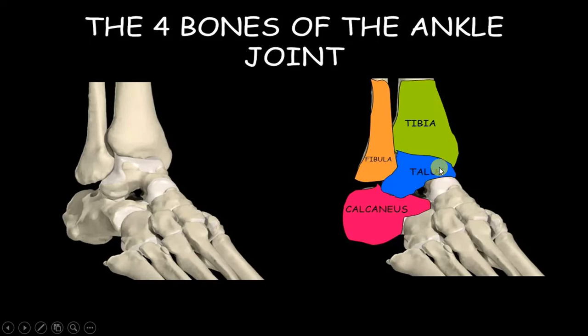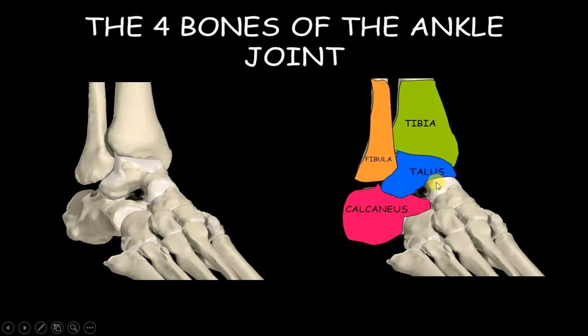So actually, the ankle joint is between the tibia, fibula and talus. It seems that the tibia and fibula make a socket in which the talus is fitting, making the ankle joint.